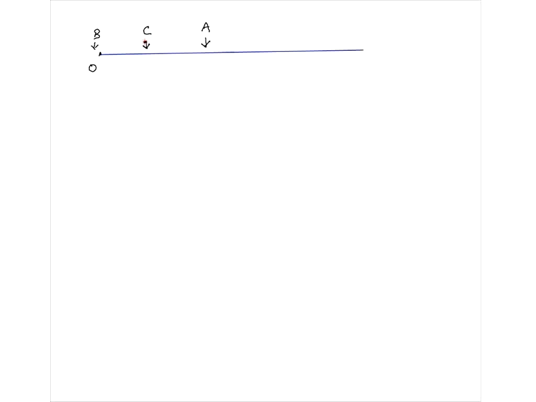So when C reaches here, you should not say that distance traveled by C is this. That's wrong. You should say that distance traveled by C is this. This is right, this is wrong. C was never here, so how can that be correct?